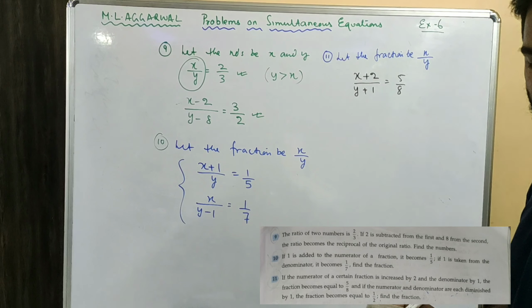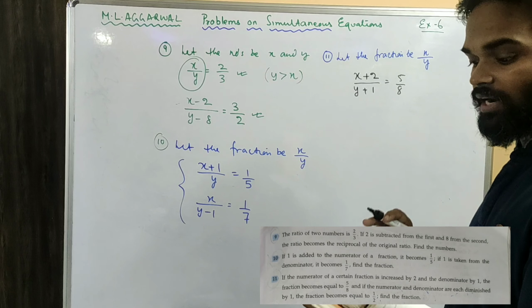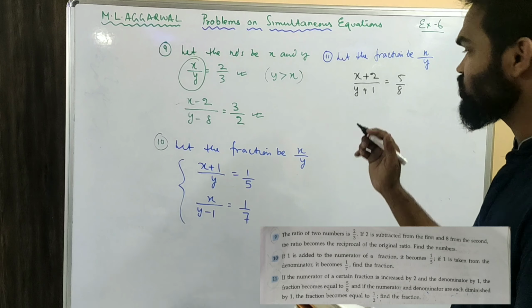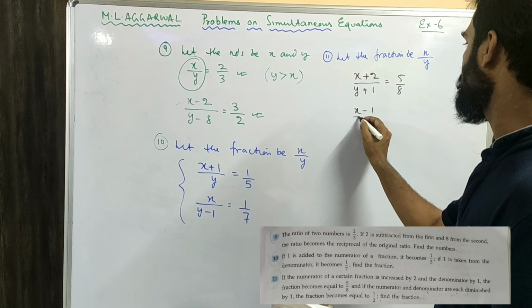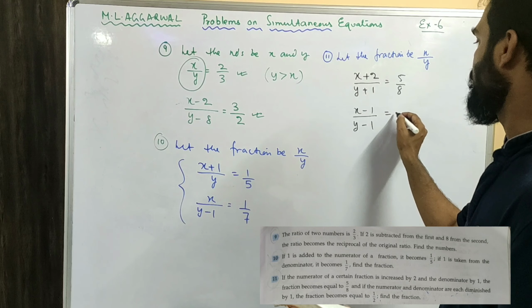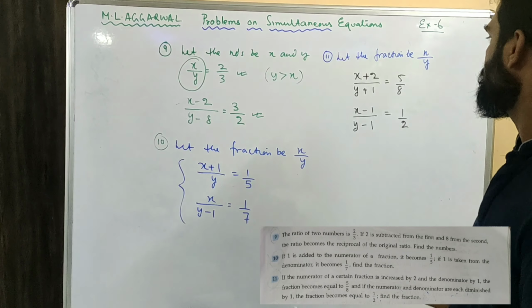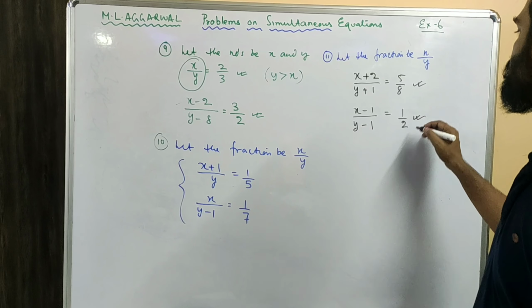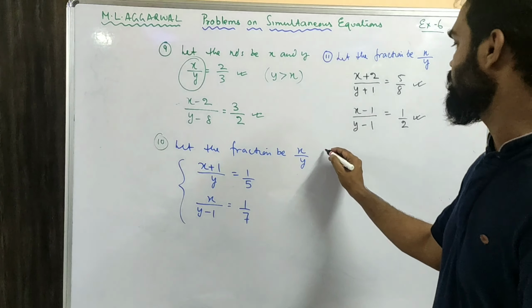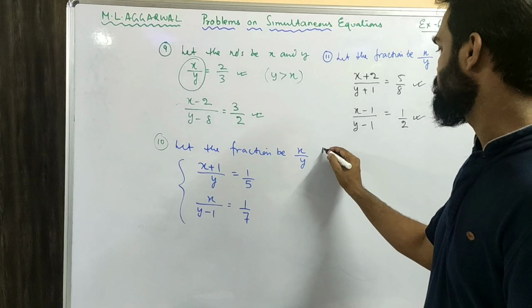That's my first equation. And if the numerator and denominator are each diminished by 1, which means x minus 1, y minus 1, then it becomes 1 by 2. Done. This is your first equation. This is the second equation. Cross multiply. You will get the answers. Okay. Then solve it rather.